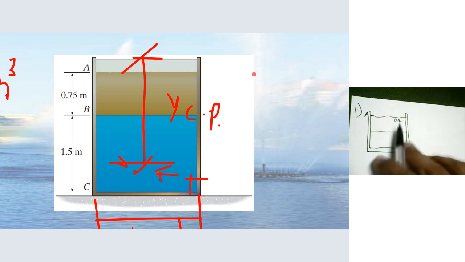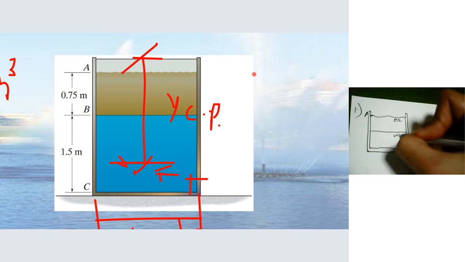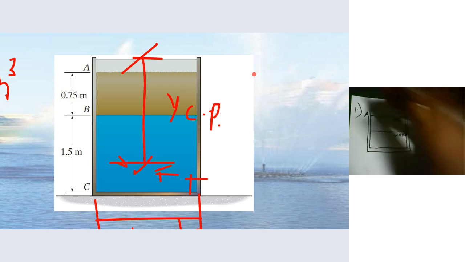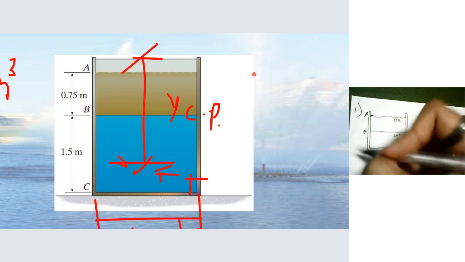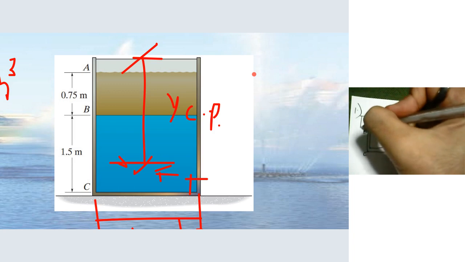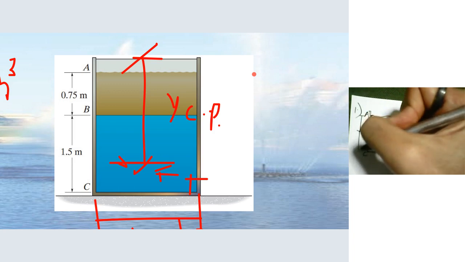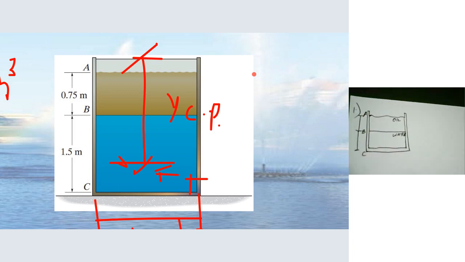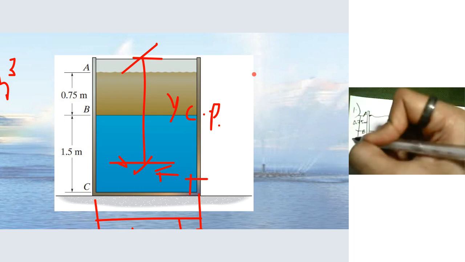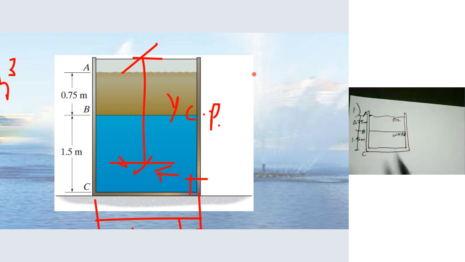Let's write oil here, and then water here. We have 0.75 tsaka 1.5.